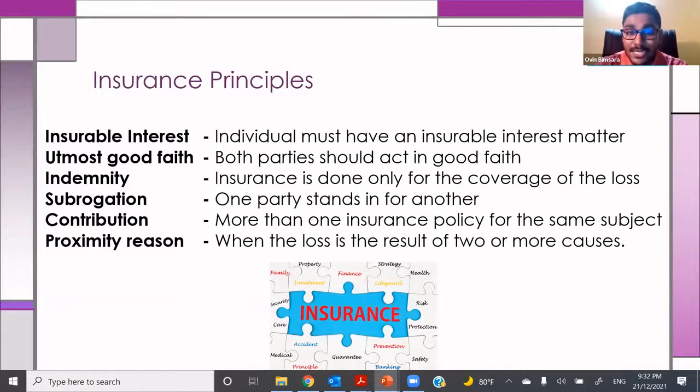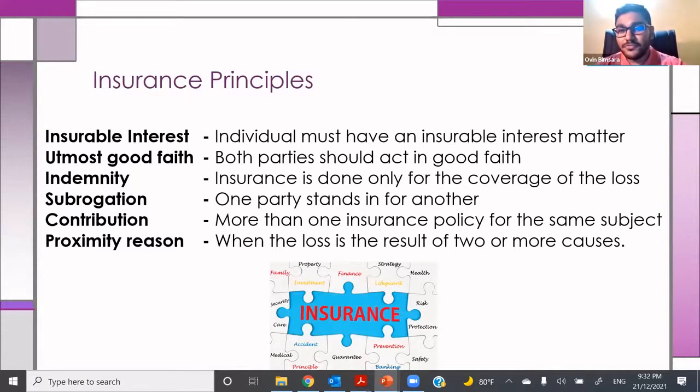And some are saying that the reason behind that fire is that the highly dangerous cargo was placed right in the middle of the ship, and because of that the fire spread to the rest of the area. So you need to act in good faith by disclosing all the relevant information that you are aware of. Then indemnity.